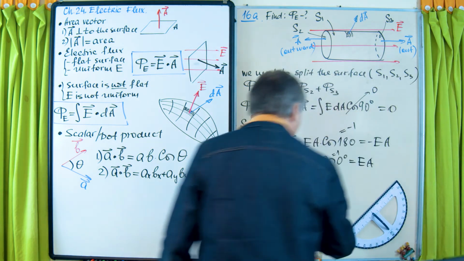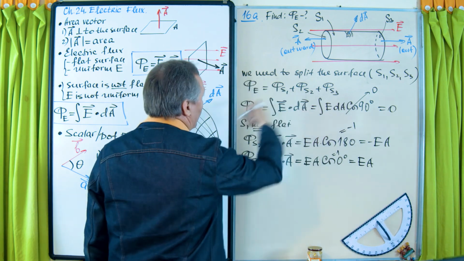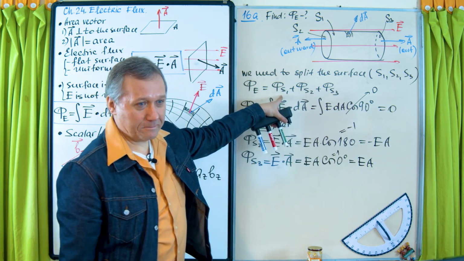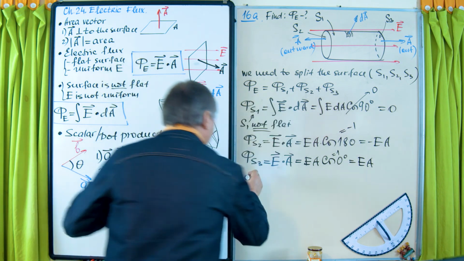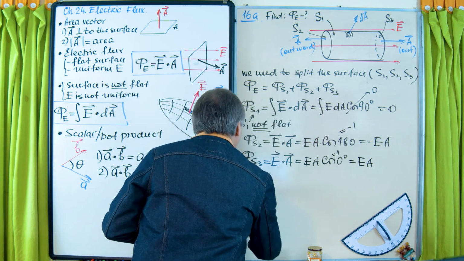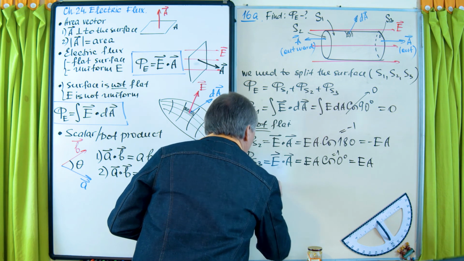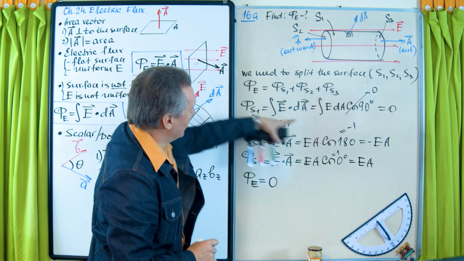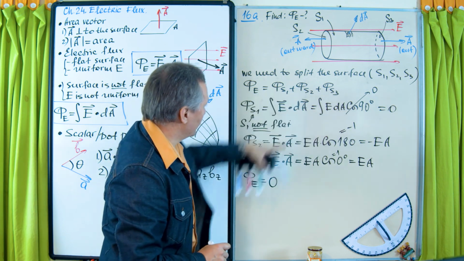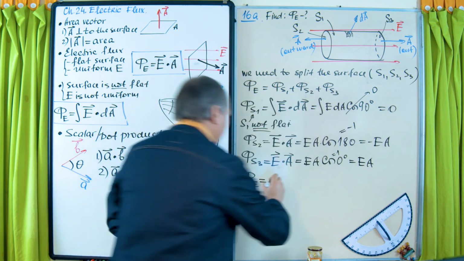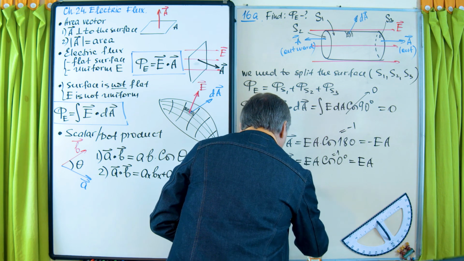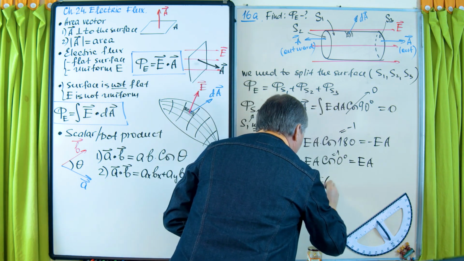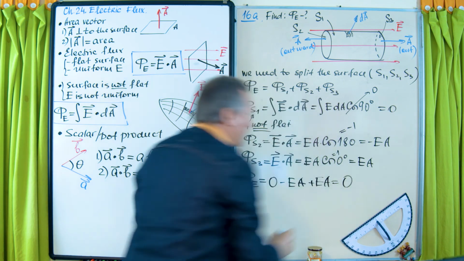Okay, so class is over, and now we can plug these results over here. And we're getting a nice number. The flux through S1 is 0. The flux through S2 is minus EA. And the flux through S3 is plus E times A. The answer is 0.